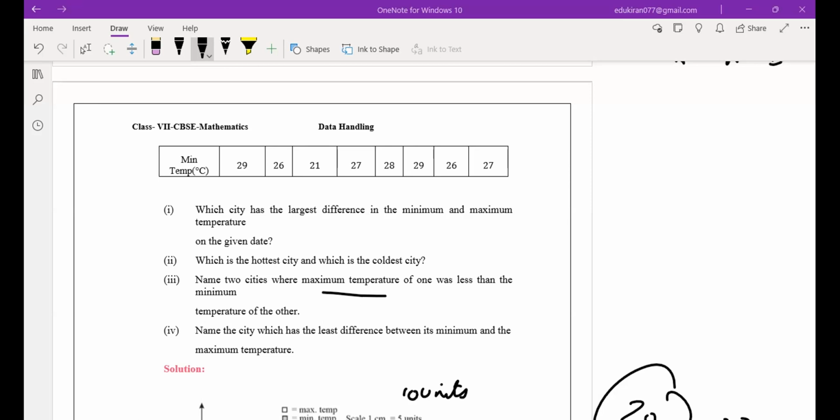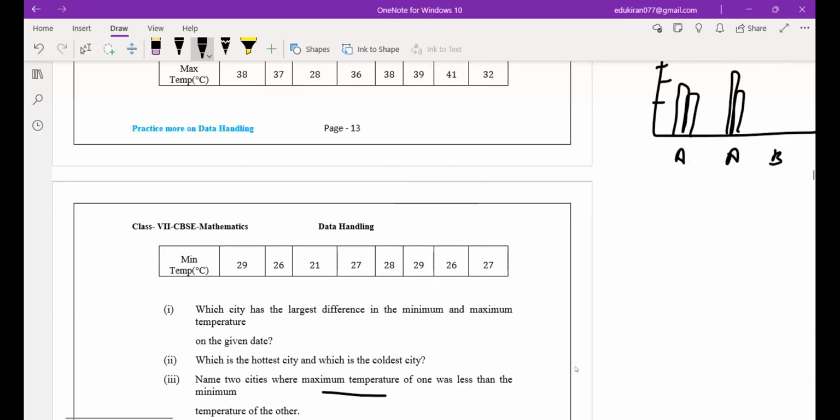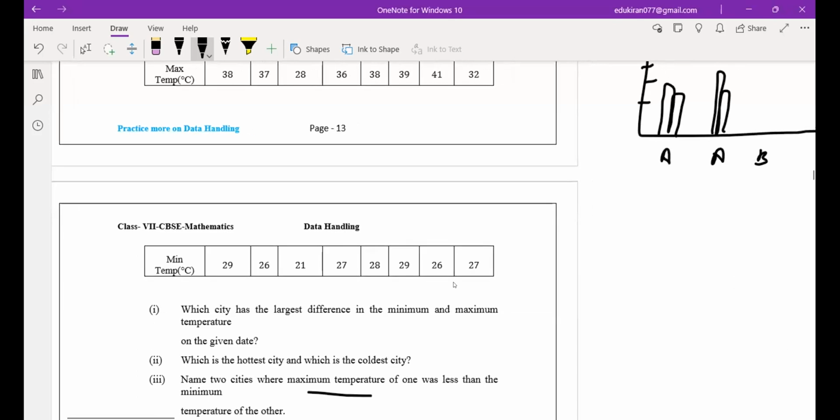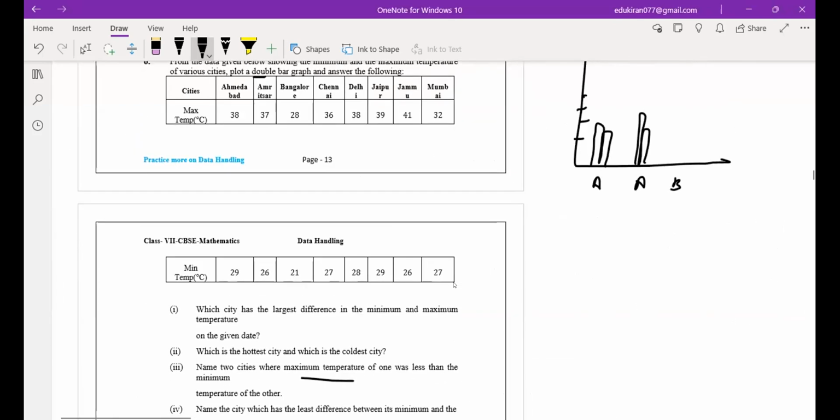Ma'am, can you scroll up for 1 second? I want to look at the table. Okay, ma'am, done.